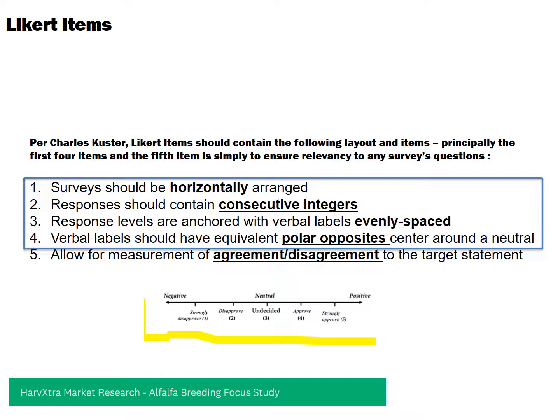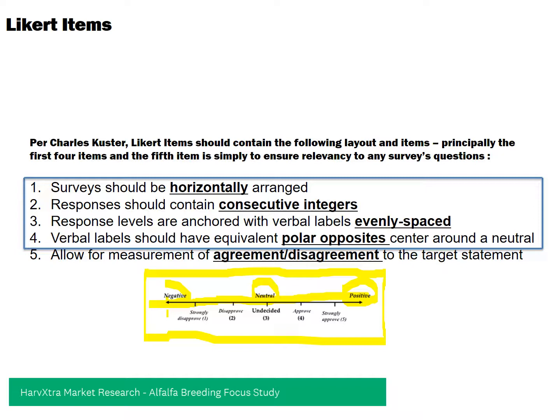So here's a quick look at how a Likert item is arranged or what it should contain in visual form. Again, you can see it is horizontal. We have negative here, neutral here, and positive here.